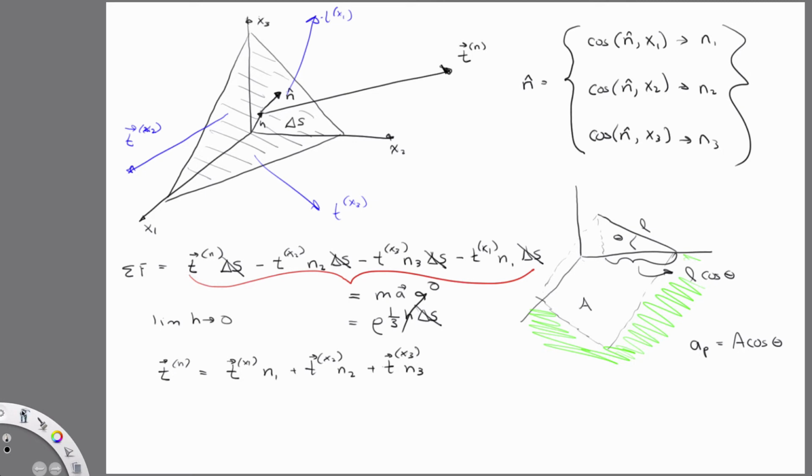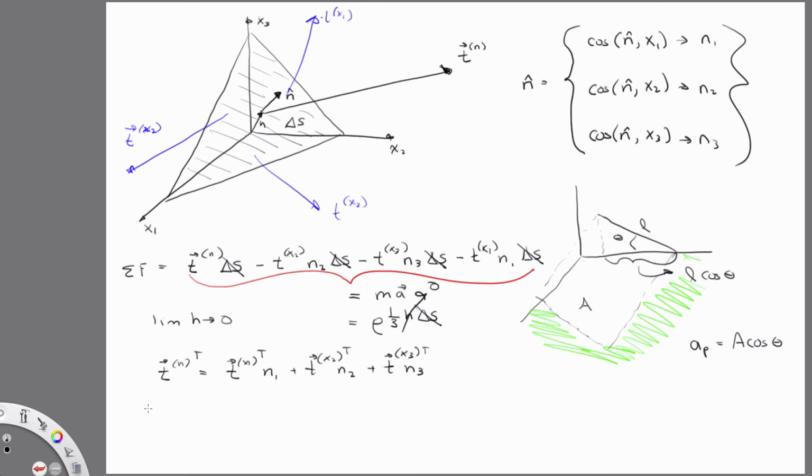Okay, so for just a minute, I'm going to take the transpose of both sides of the equation, because remember, by default, our vectors are column vectors. Now remember, our n1, n2, n3 are just components. They're scalars, components of the unit vector n.